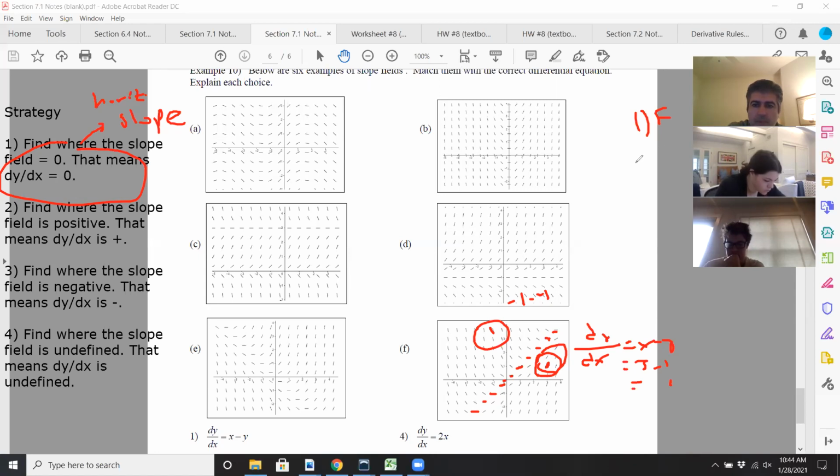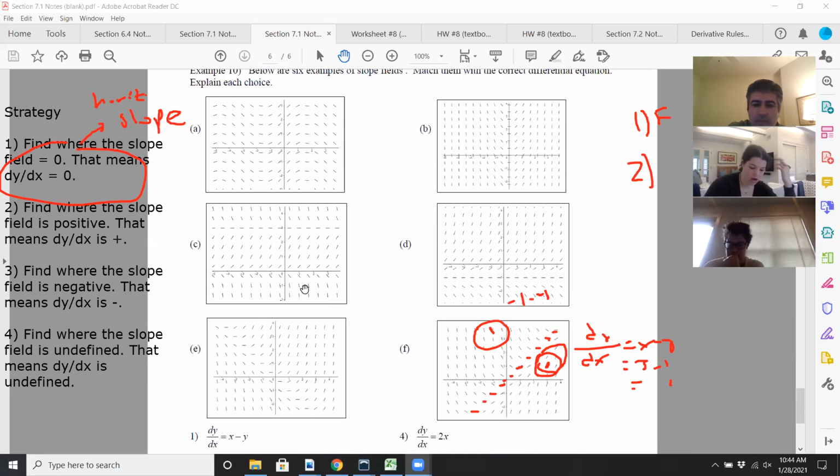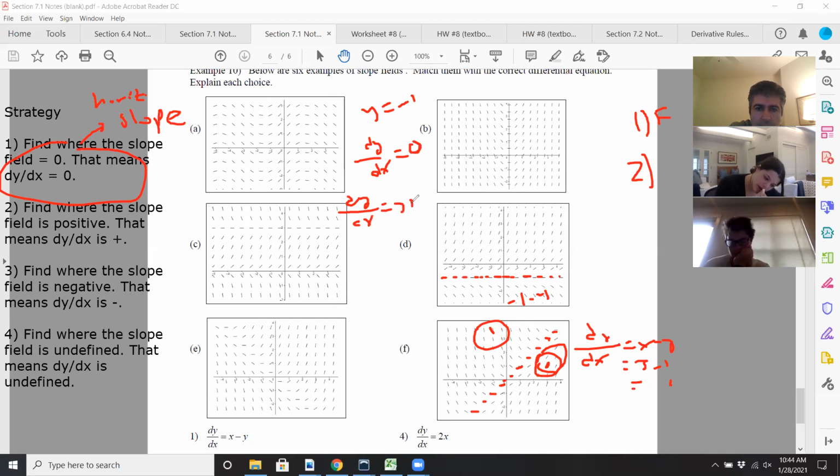Now for number 2, the differential equation was dy over dx equals 1 plus y. Remember, that's when y equals -1. When y equals -1, our dy over dx is 0. Well, if I look carefully, oh, there you go. When y is -1, my dy over dx is totally 0 right there. Also, dy over dx equals y plus 1, right?